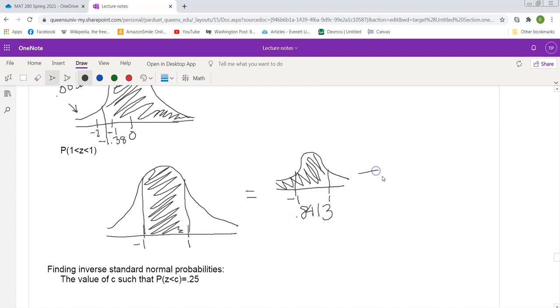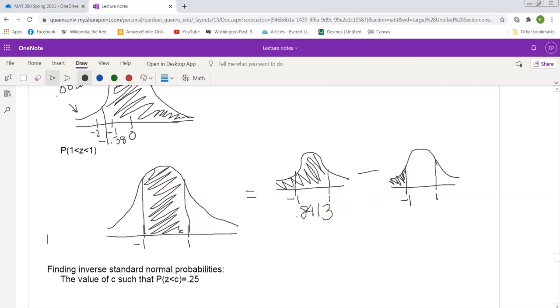And I'm going to subtract out this part of it. So if I take this whole area to the left of 1 and I subtract out the area to the left of -1, then I'll have the area I want.